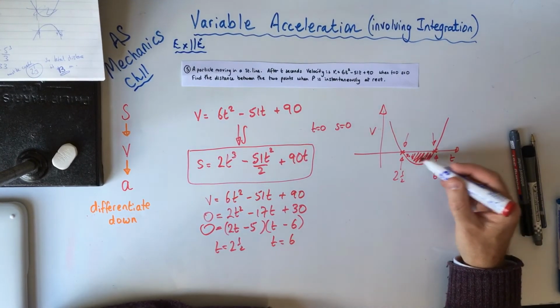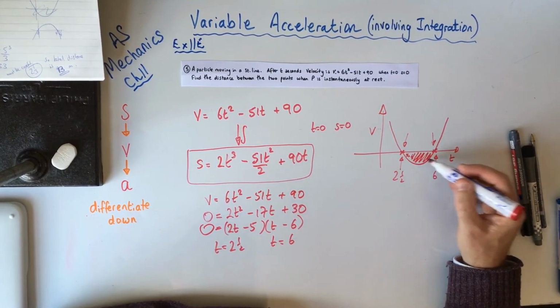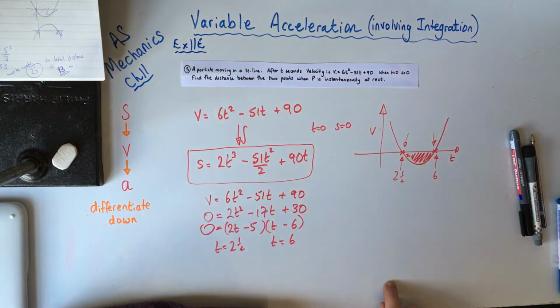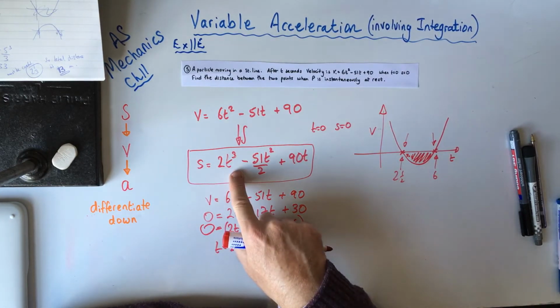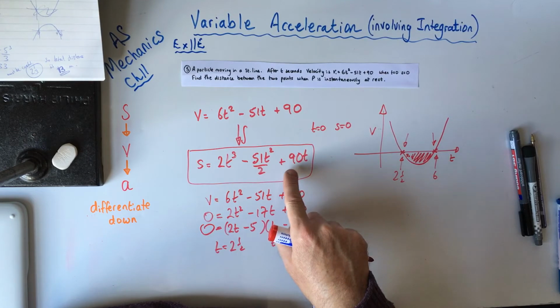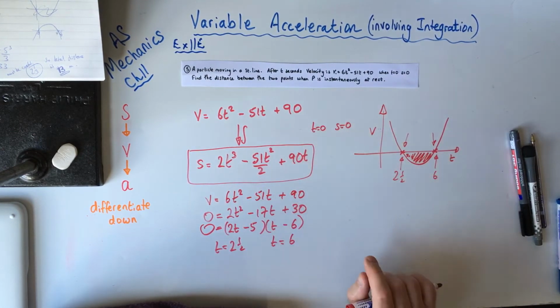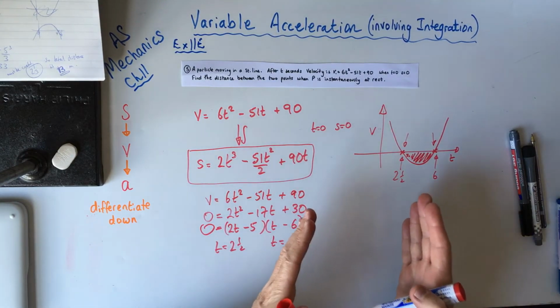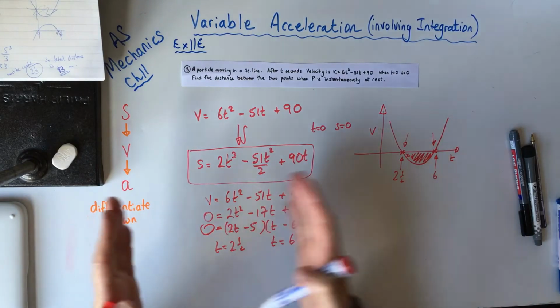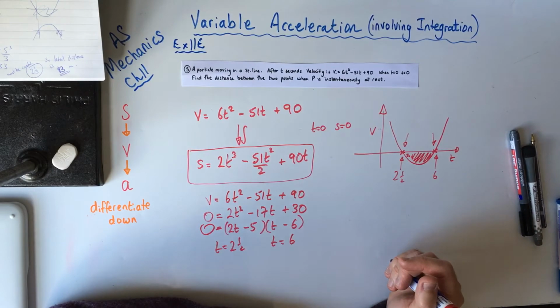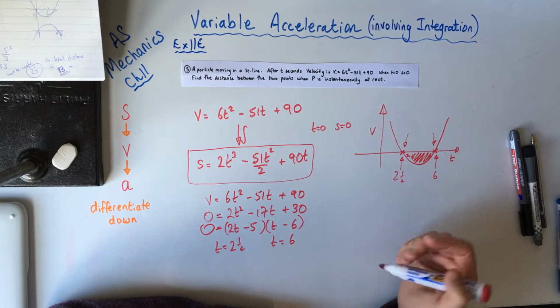And this area is going to be a negative area, and that negative area just gives me the distance underneath the graph. So that is what I'm expecting when I put 6 in there to find out where it is at 6 and where it is at 2.5. I'm expecting to find a negative number, but all that negative number reveals is where that distance is. It's the other side of s equals 0 that you would want. But it doesn't really matter.